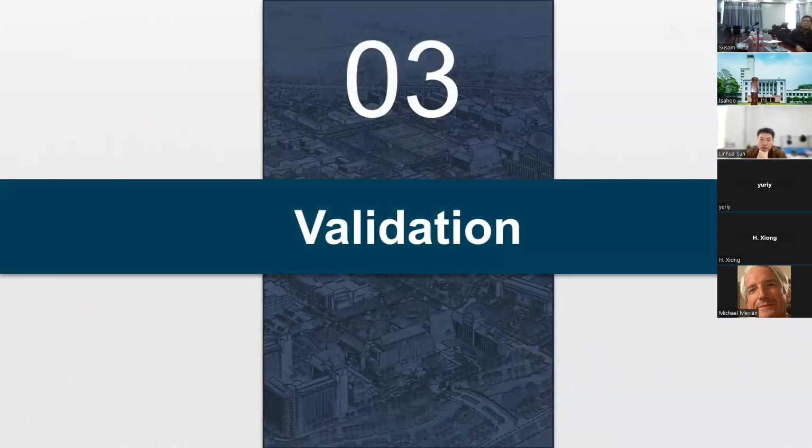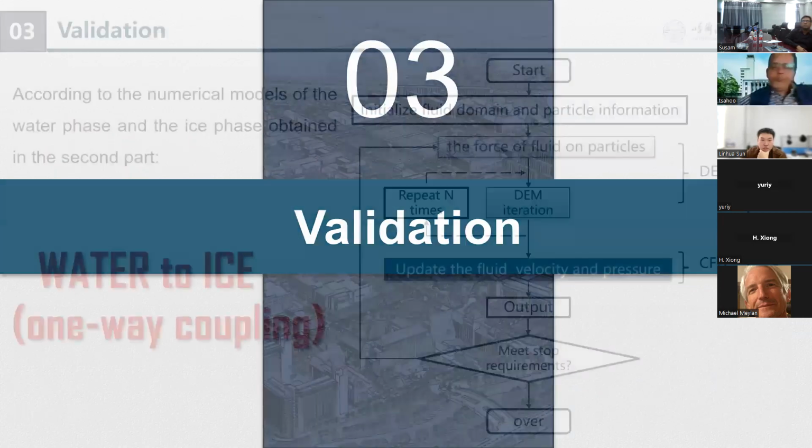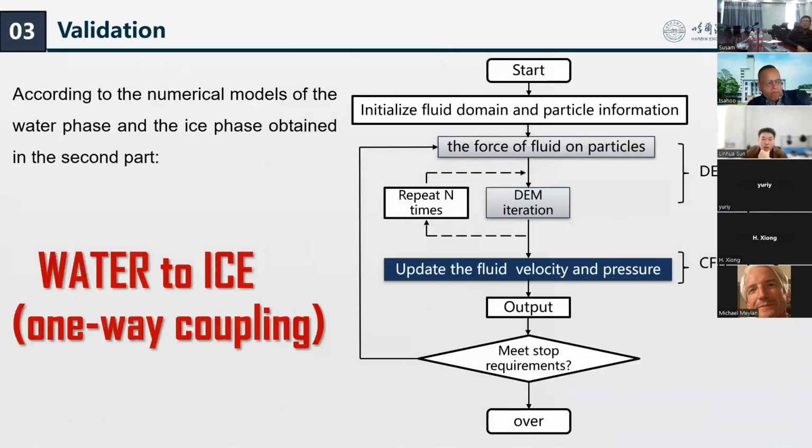Part three, validation. As I mentioned before, we focused on the problem about water to ice. So we use one-way coupling. On the right, the flow chart shows the steps of one-way coupling.